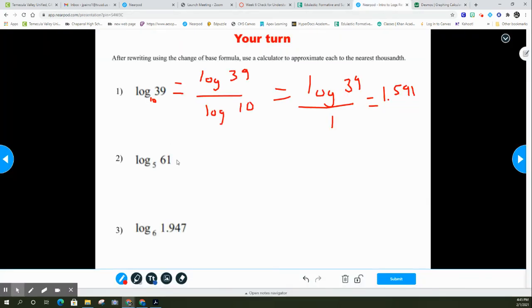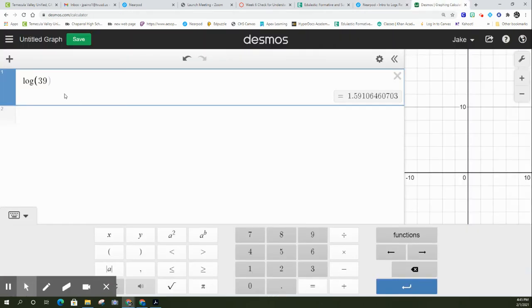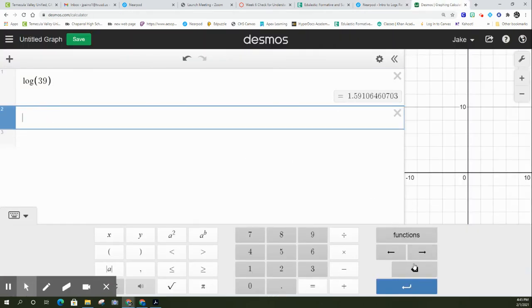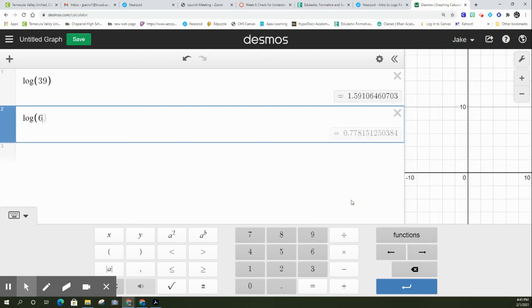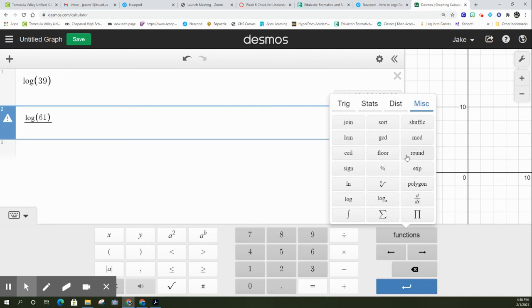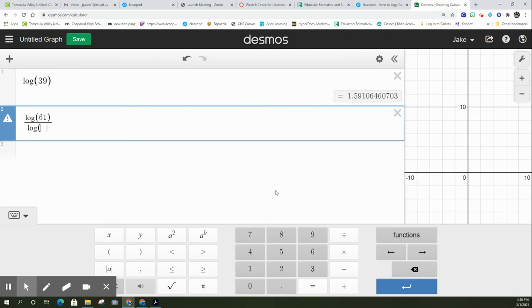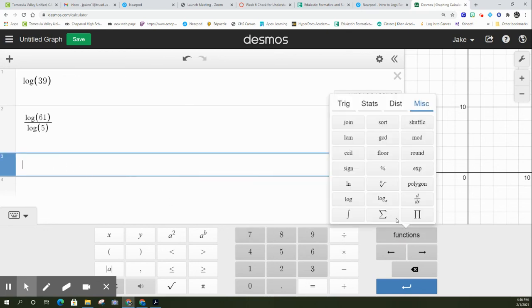Then log base 5 of 61. If I go log 61 divided by log 5, what's that equal? Over here on Desmos, log 61 divided by log 5, I get 2.554. You may have noticed this button, which kind of defeats the purpose of the change of base formula.